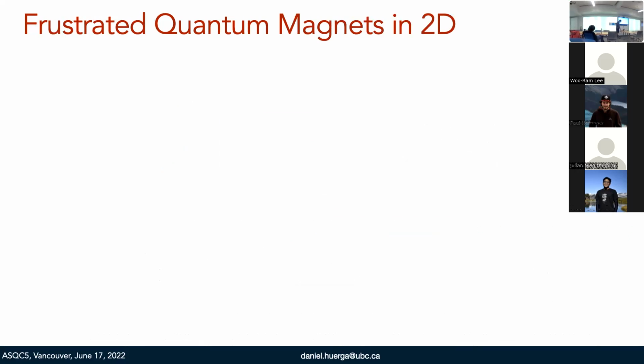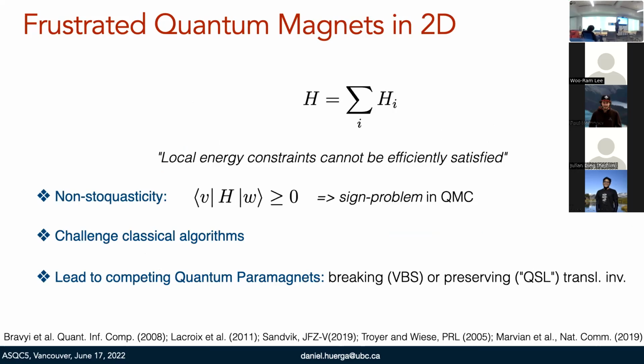So a couple of words on frustrated quantum magnets. These are, in general, local Hamiltonians where the local energy constraints imposed by the Hamiltonian cannot be efficiently satisfied, hence the name frustrated. And this is linked to the notion of non-stochasticity that was also explained by David Gossett the other day.